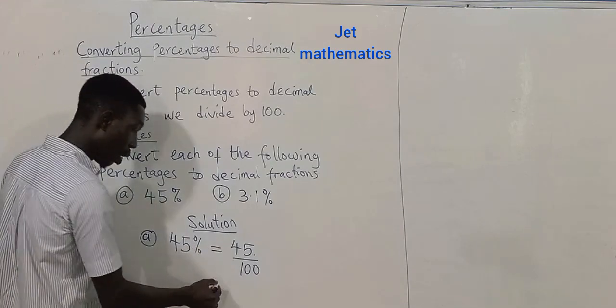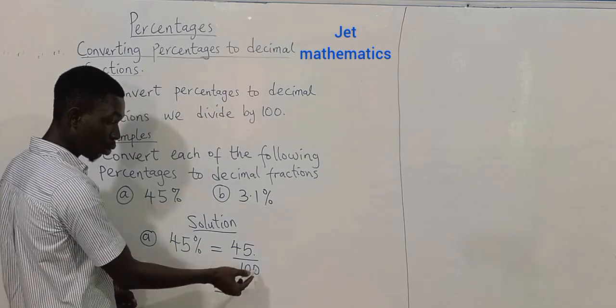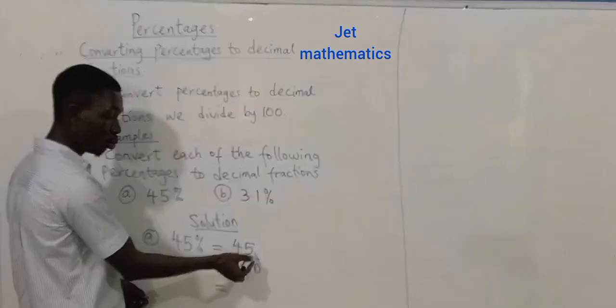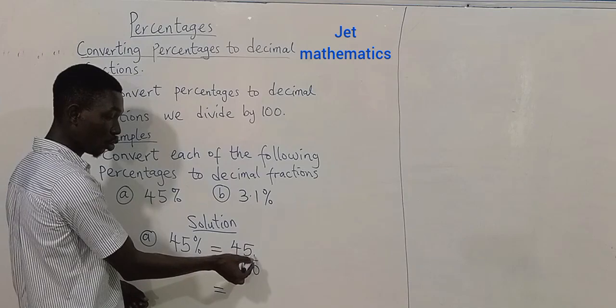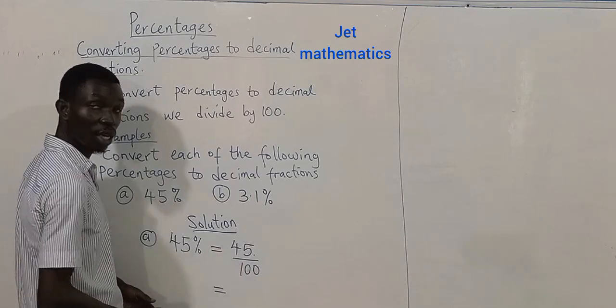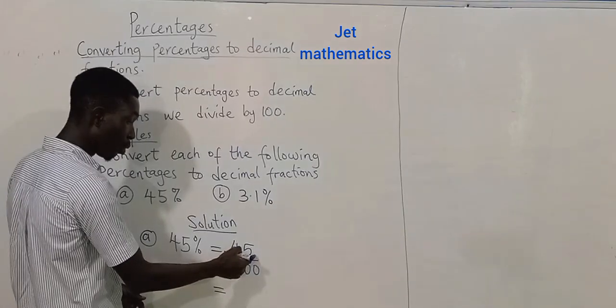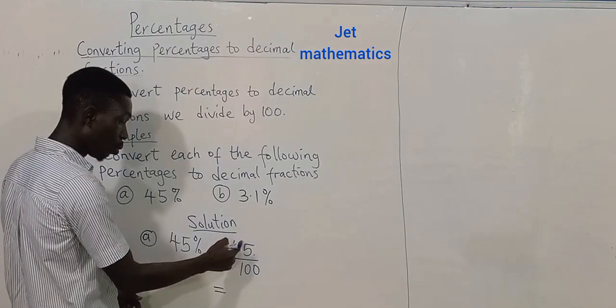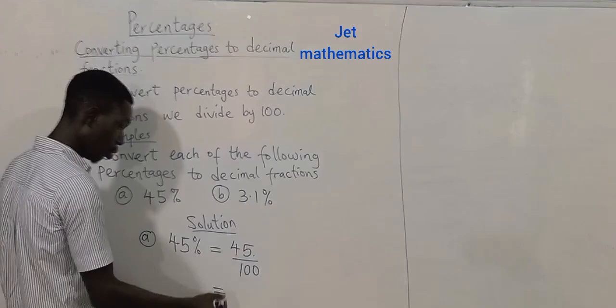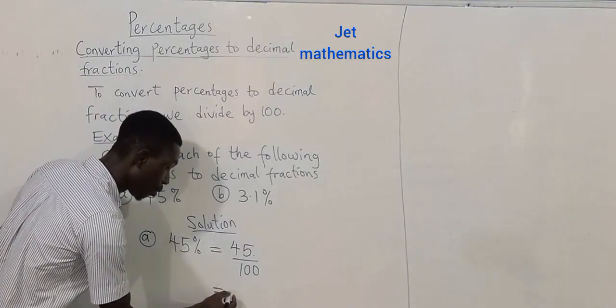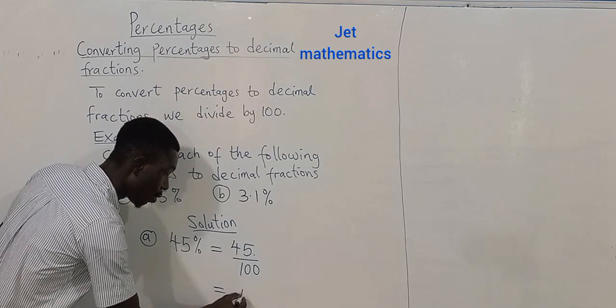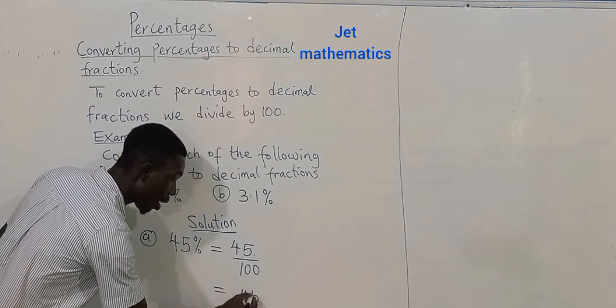I say we have 2 zeros, so we are going to move the point backwards 2 steps, 1, 2. So we have 0.45.